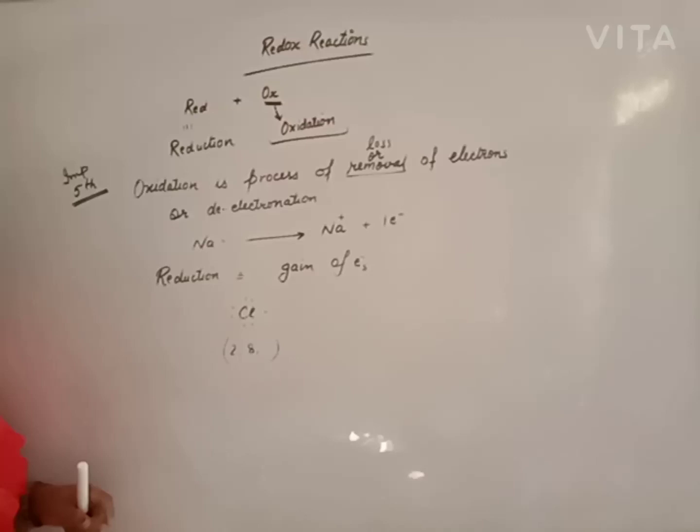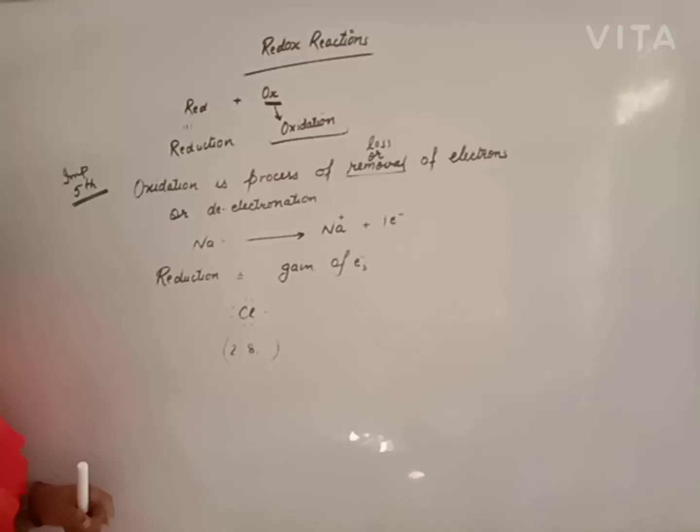So to remove all these difficulties, Lewis explained each and everything in terms of electrons. Our fifth and important definition of oxidation and reduction.